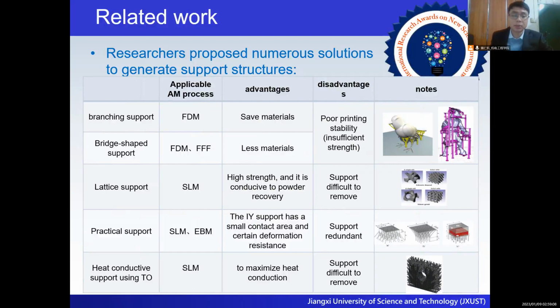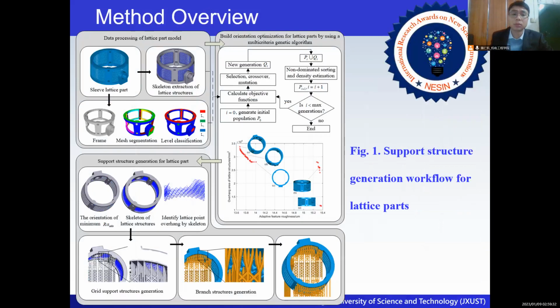As a result, the lattice structure interferes with the support structure, and even if it can be formed smoothly, the support is difficult to remove. Therefore, it is essential to develop a support structure generation technology for lattice parts.